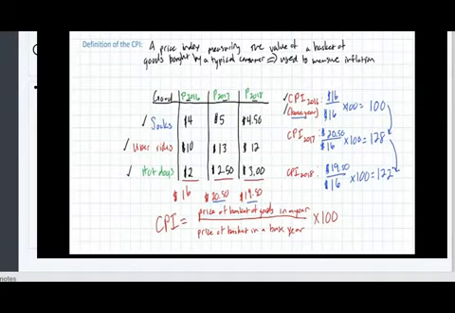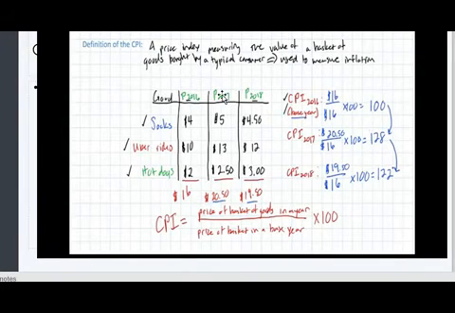First, let us define ulit. A price index measures the value of a basket of goods bought by a typical consumer and used, okay, to measure inflation. So here, class, we have 3 years: 2016, 2017, and 2018.